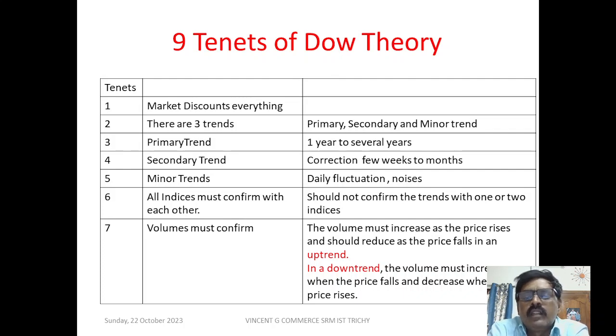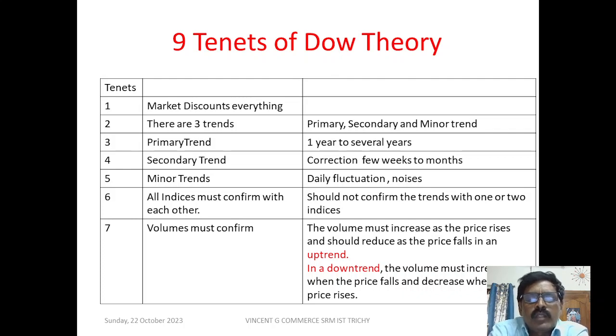If I take a certain decision, only 20% will be logical and 80% will be psychological. So there is another maxim that you buy on news and sell on rumors.